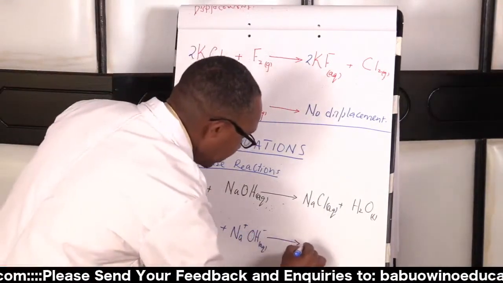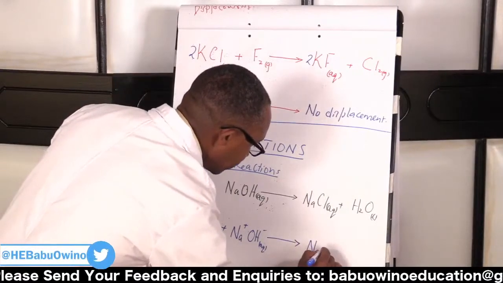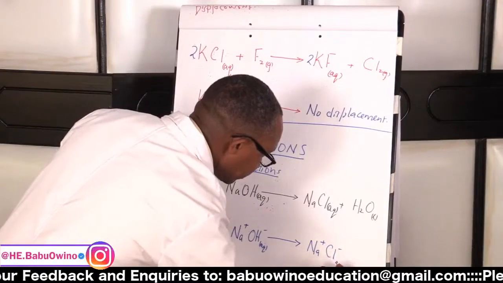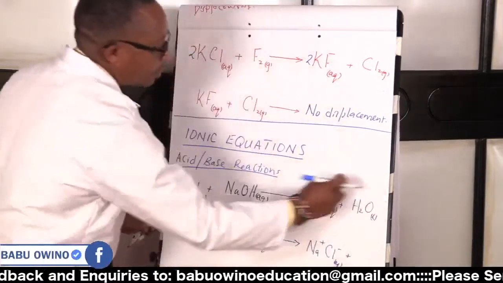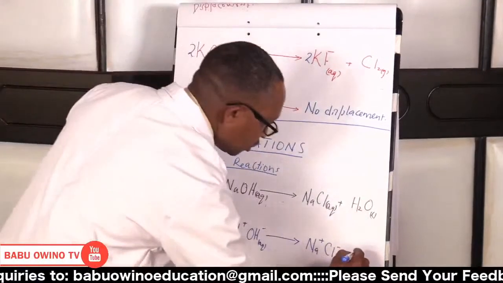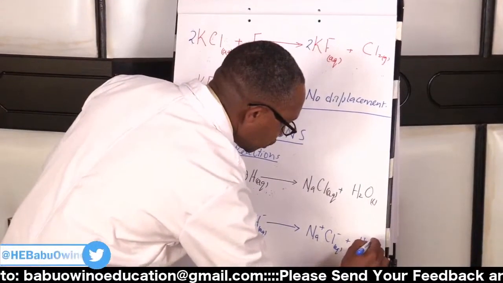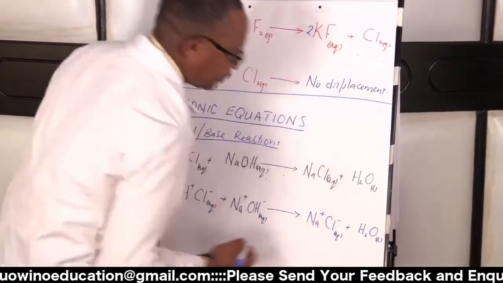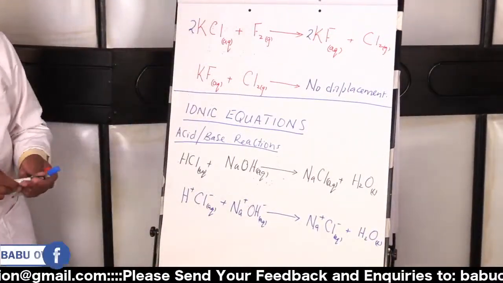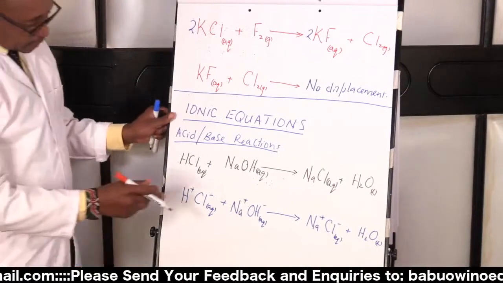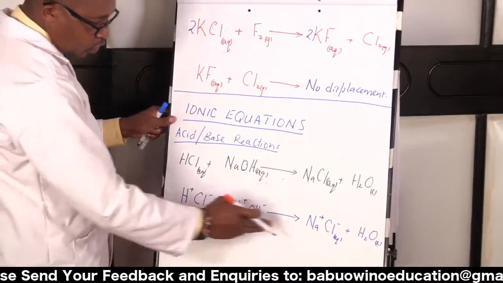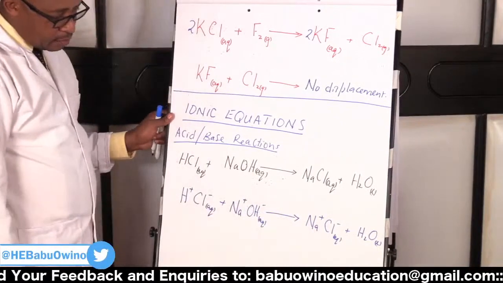Then you get sodium ions and the chloride ions. But the water being molecular, the molecules do not separate, so it remains water. What that means is very simple: the sodium ions on this side of the equation and the sodium ions on the other side remain the same.